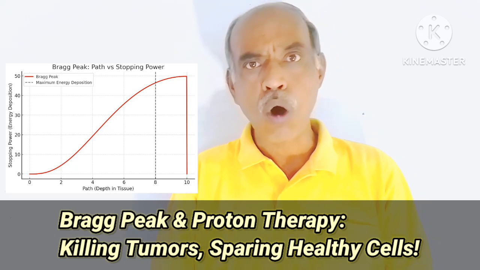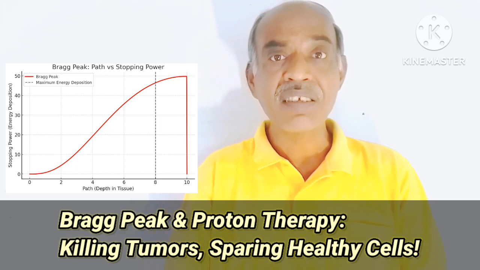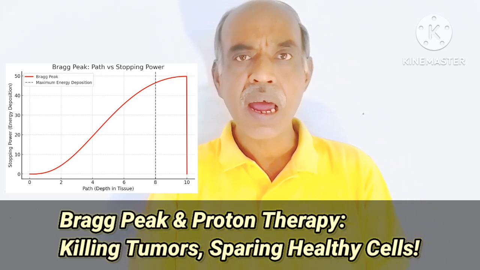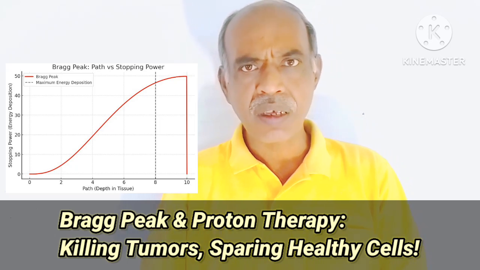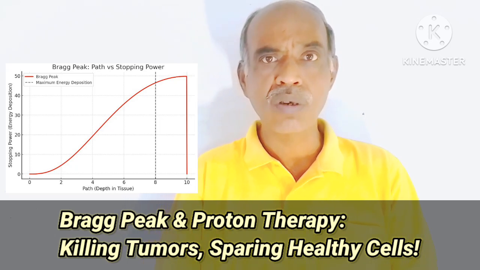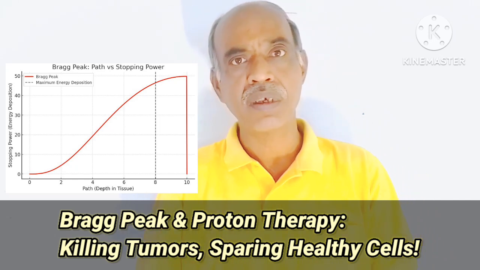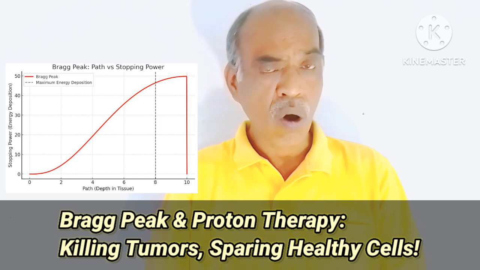That peak occurs when the proton beam releases the maximum energy at the end of its path, just before stopping. That phenomenon is known as the Bragg Peak phenomenon. This is known as Bragg Peak. So at the end of the path, this occurs.